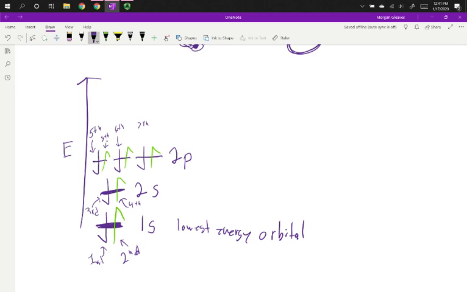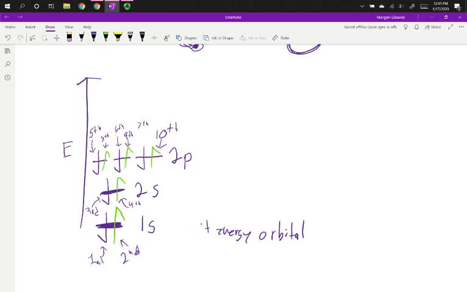So they don't try to pair until they have to pair. They don't try to put 2 in the same orbital unless they have to. So they first spread out, and then they pair into those 2p orbitals. So for the first 10 electrons that you add to an atom, this is where they go.